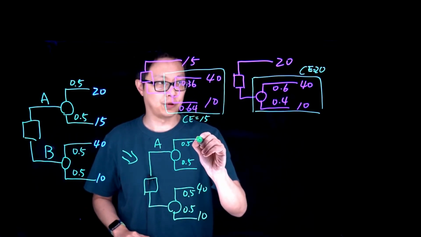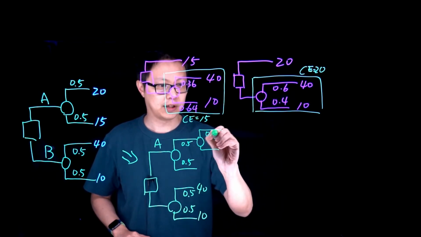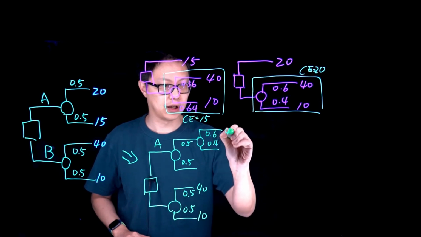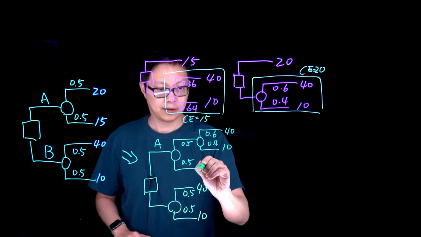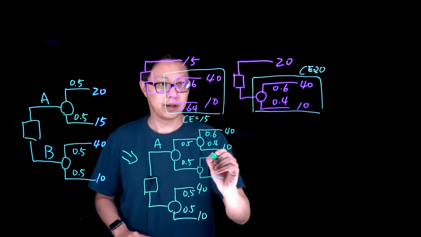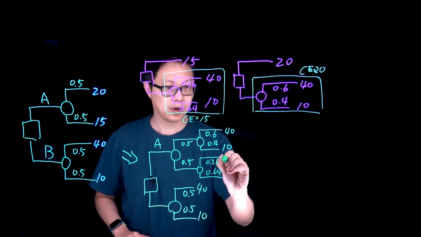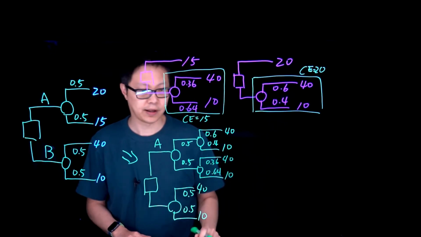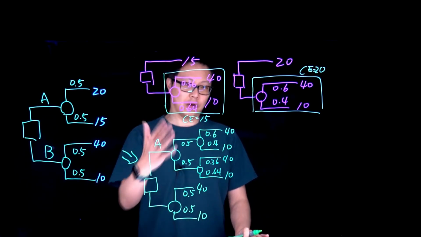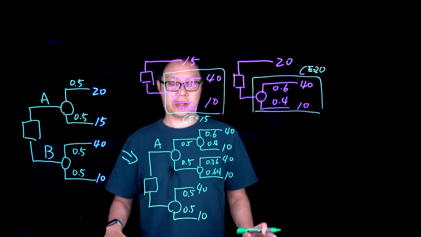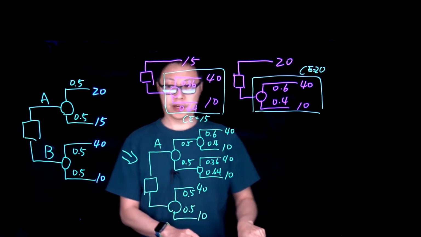So what I'm going to do is to replace this by 0.6, 0.4, 40, and 10. Bottom part, $15. I can replace this by 0.36, 0.64, 40, and 10. So at this point, you will realize that all the payoff we have here will be 40 and 10. So how can we simplify the tree right here?